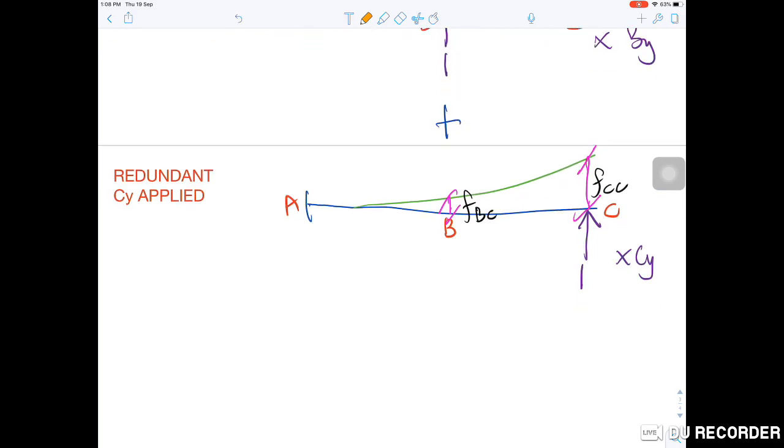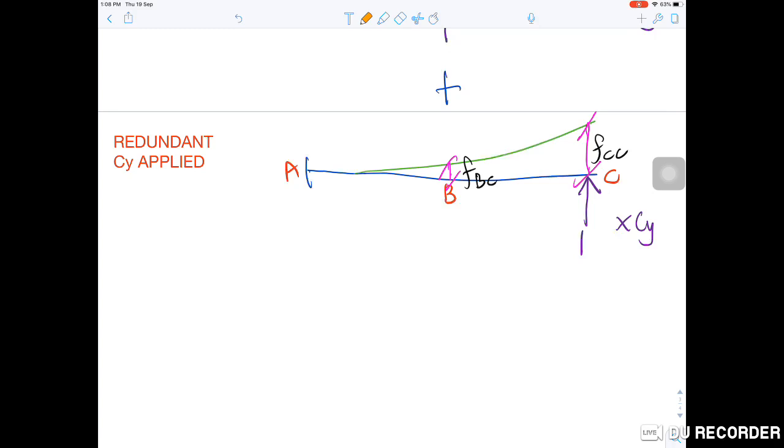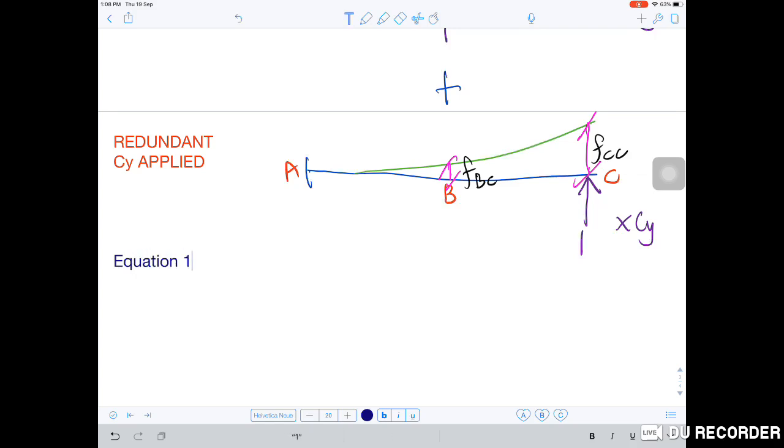Based on this, we can write the two simultaneous equations. Equation number 1 will be based on point B, and equation number 2 will be based on redundant number 2. We will have equation 1. We start with the primary beam, equal to 0 because 0 is the actual condition.